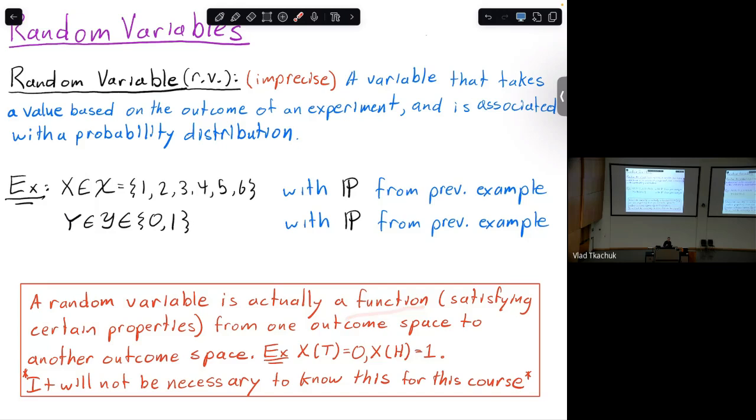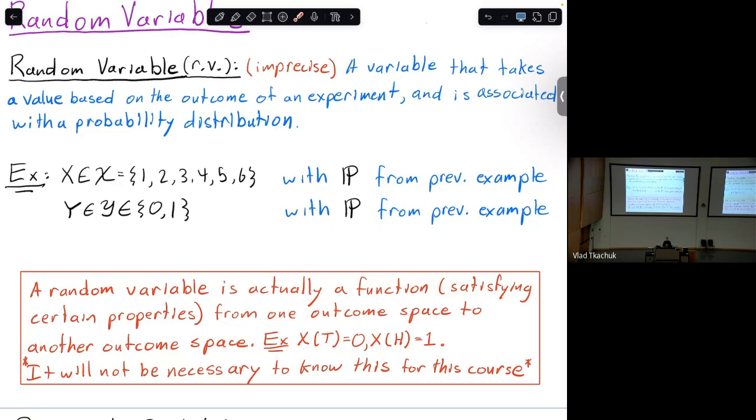I chose to avoid it, but I thought I'd mention it as a side note. In the background, the whole idea is that you have these outcomes that are kind of arbitrary-looking objects. Maybe your random variable is some pictures, and for the dice roll case or for flipping a coin, it might be heads or tails or something like this.